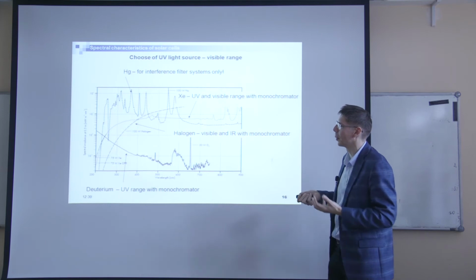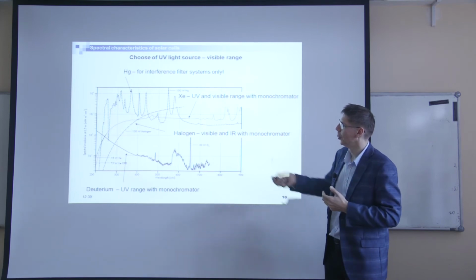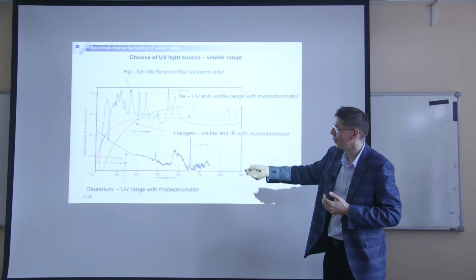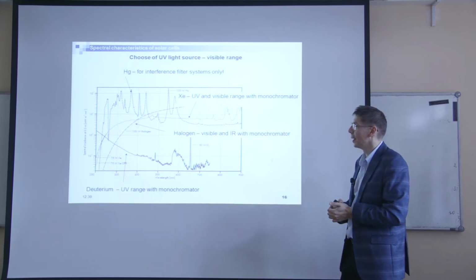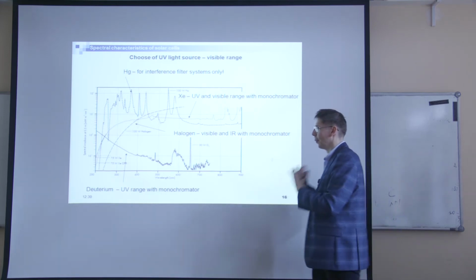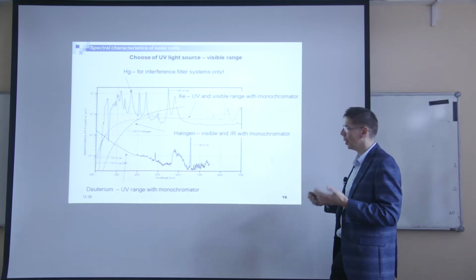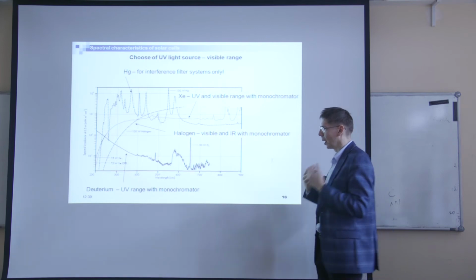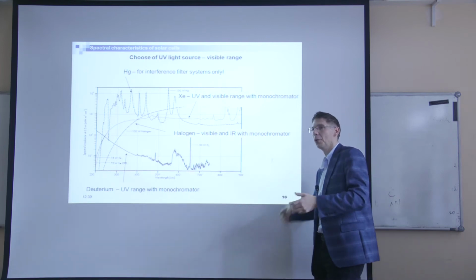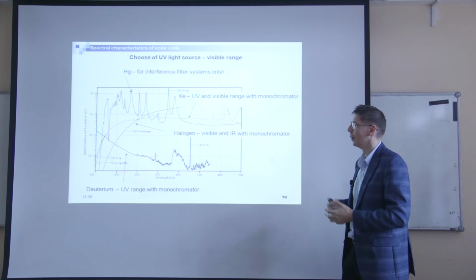It depends on your task, because if you really want to increase the intensity in this UV part, you have to select a real UV lamp which generates some ozone, and you have to be careful about safety. You have to think about the ventilation of this ozone.